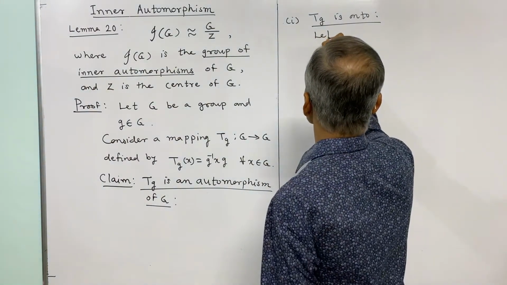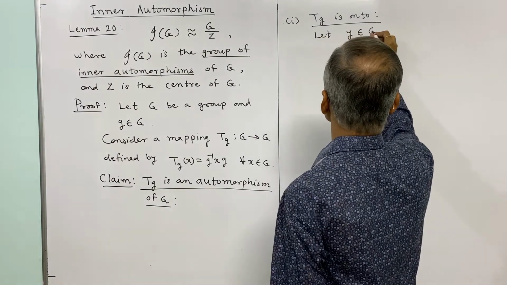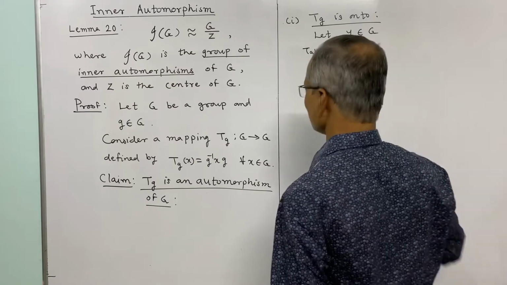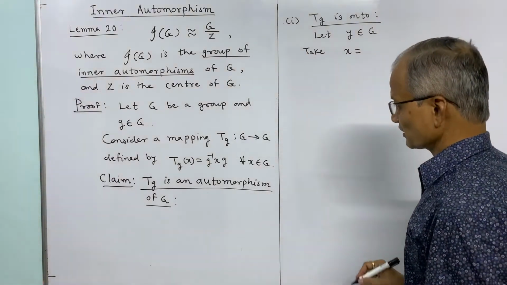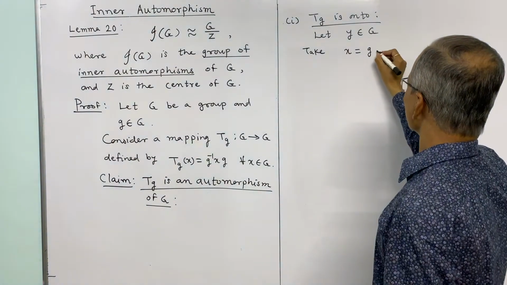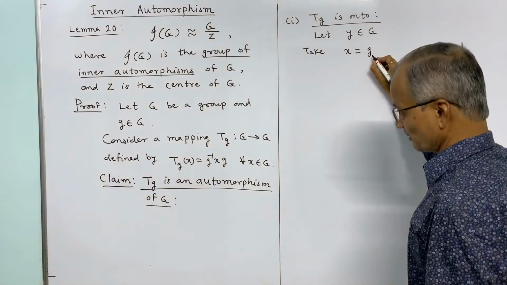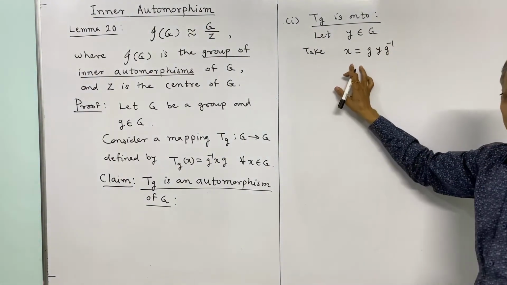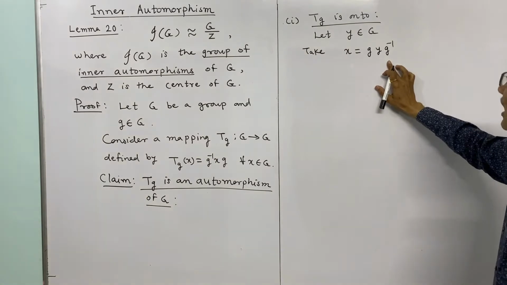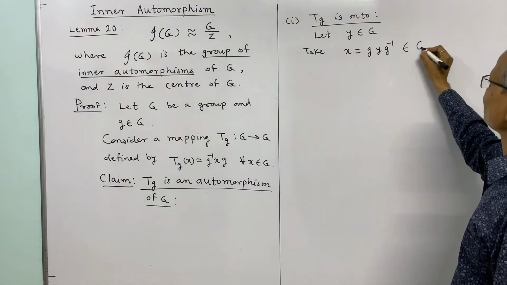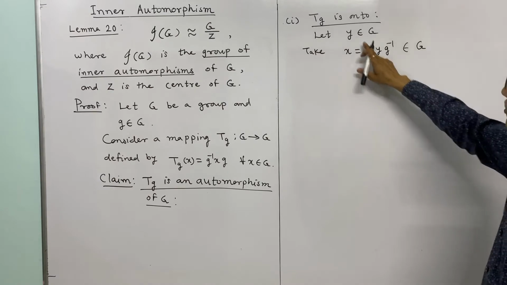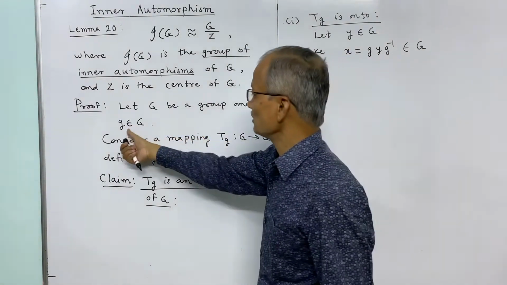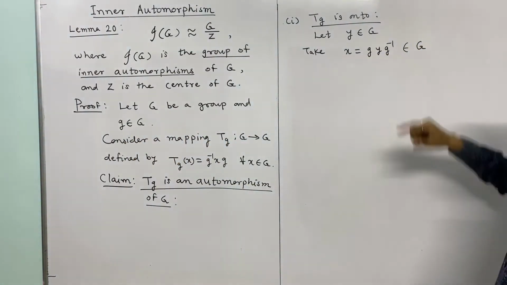Let y belongs to G. Now we take x as g y g inverse, and certainly this element belongs to G. Why? Because we have y in G, we have g in G, so by closure property it is also in G.